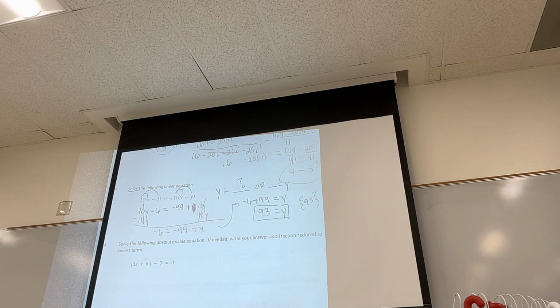If the absolute is isolated equals 0, we get how many answers? 1. If the absolute equals a negative, we get how many answers? None. Just like linear equations, we have 3 possibilities with absolute equations as well. Math is rules, guys. If you learn the rules, the math becomes a little easier. But I know we don't want to learn those rules. We just want to do the math. But that's what helps you.